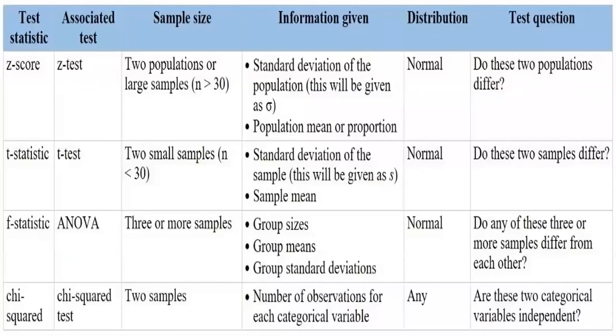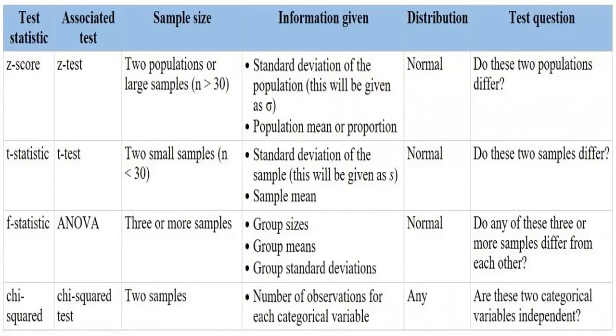Then this is the best chart which will help you to remember. I recommend taking a screenshot of this chart. First, the test statistic: Z score or Z test will be used, and the sample size is two populations or a large sample greater than 30.